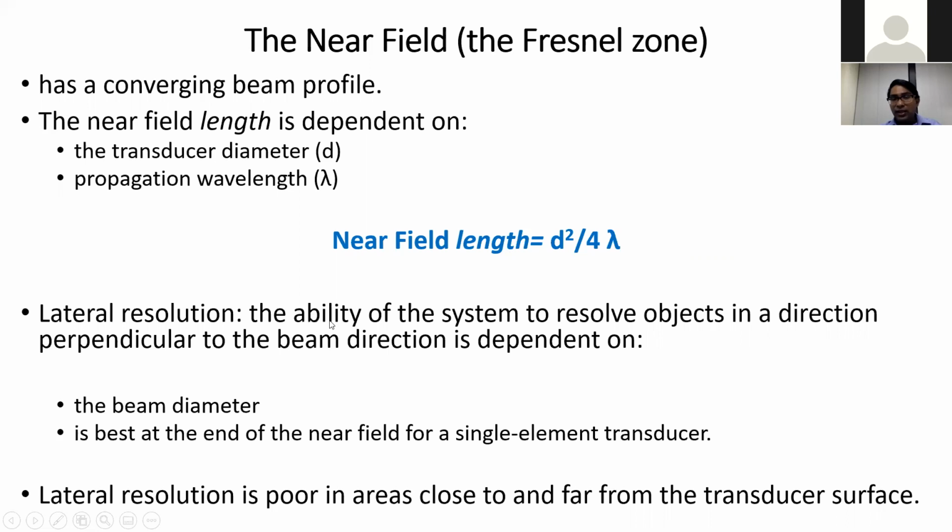And as I mentioned, the lateral resolution is the best at the transition between near field to far field, because the beam profile is the smallest at that location. So lateral resolution is mainly dependent upon the beam diameter, and that's how we determine the lateral resolution. So lateral resolution is poor in areas which are either close to or far from the transducer because of the spreading of the beam profile.